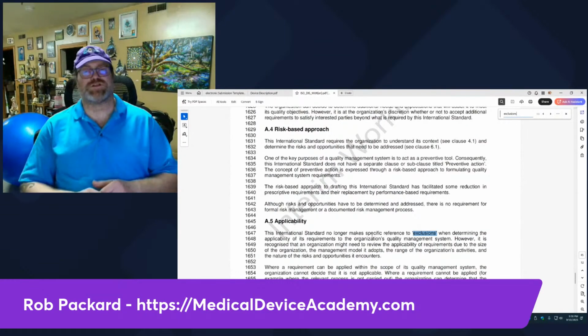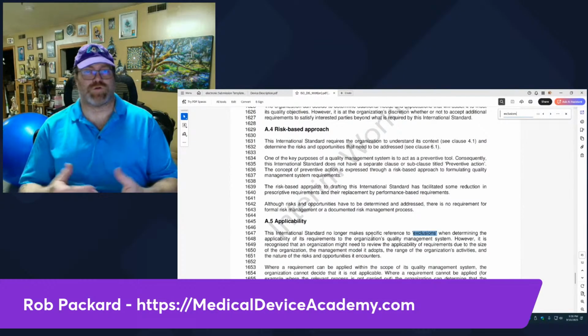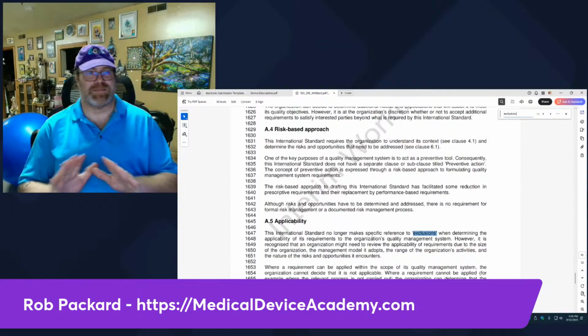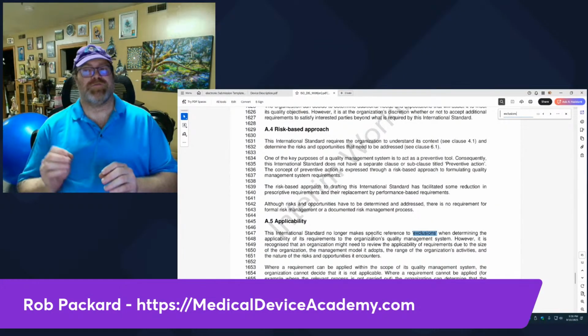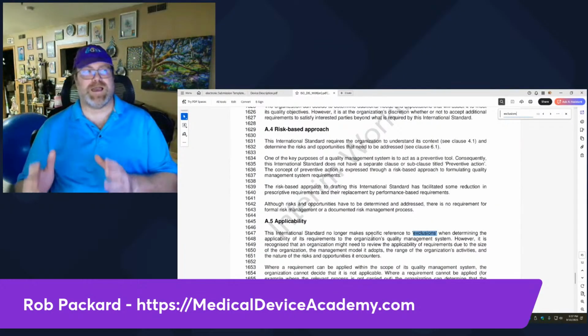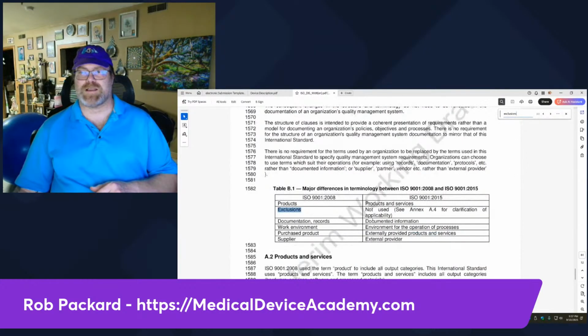But still the exclusion would only be for design, and that would be if you outsource it or somebody else does that and it's not something you do. The 6, 7, and 8 can be not applicable. So you have to look at exclusions, and basically the same things are said earlier in the document. See Annex A.8.4 for clarification of applicability.